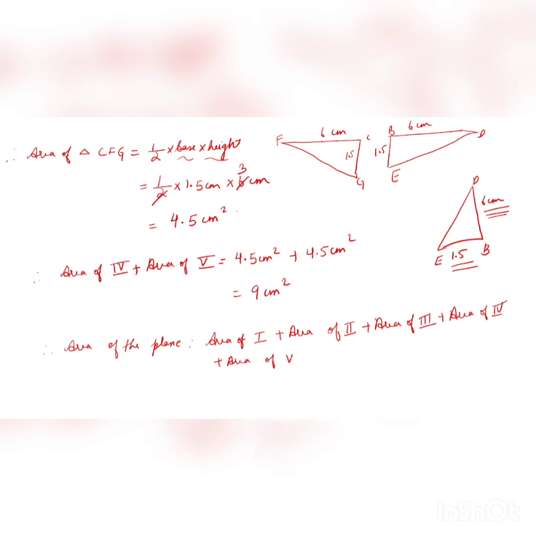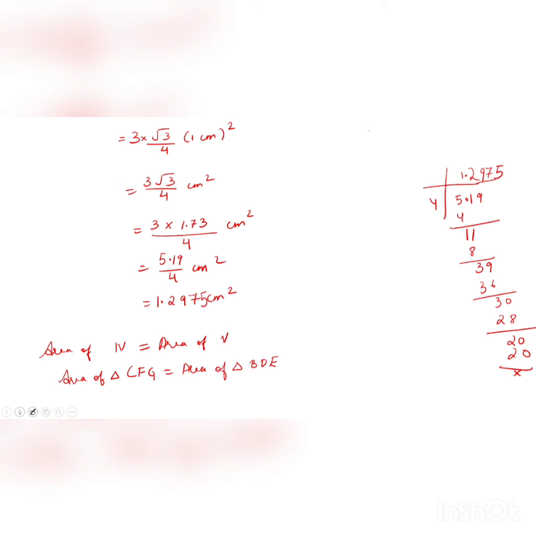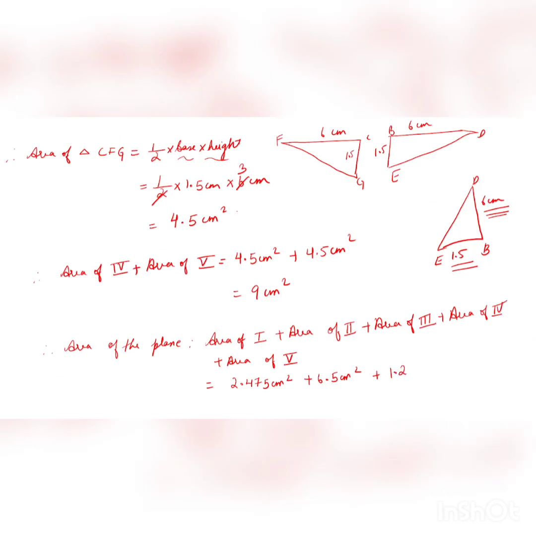So what do you get for this? What is area of 1? It is 2.475 centimeters square. Area of 2 is 6.5 centimeters square. What is the area of 3? Let's go back and let me refer to it: 1.2975 centimeters square, and area of 4 plus area of 5 is 9 centimeters square.